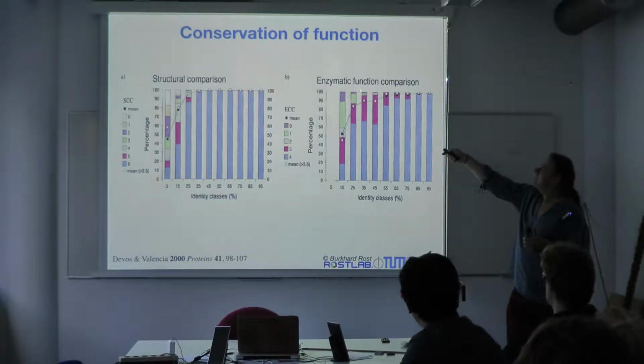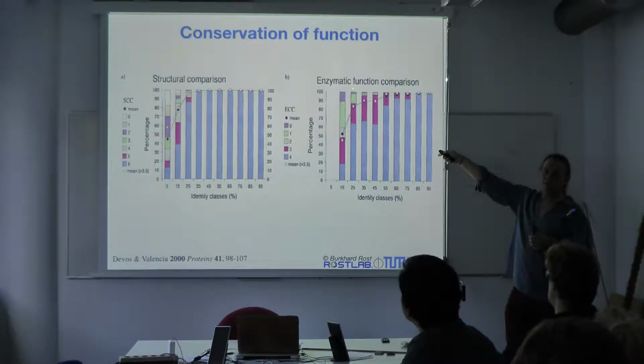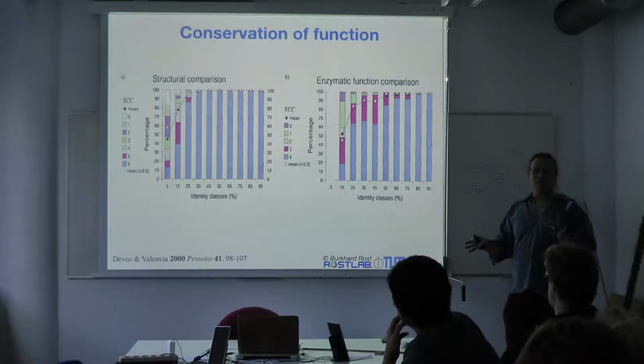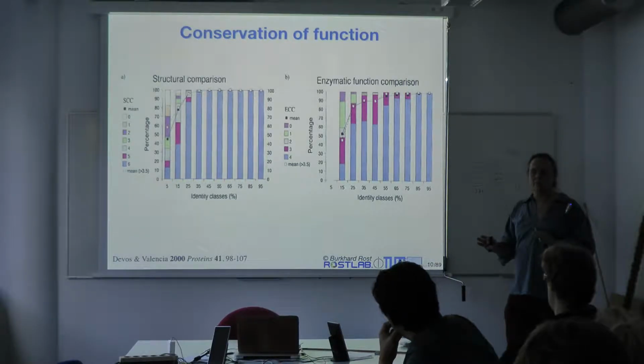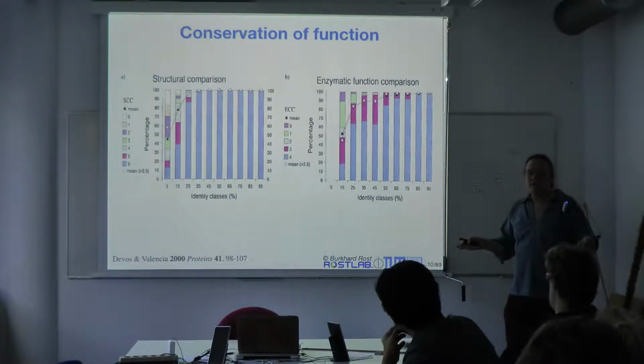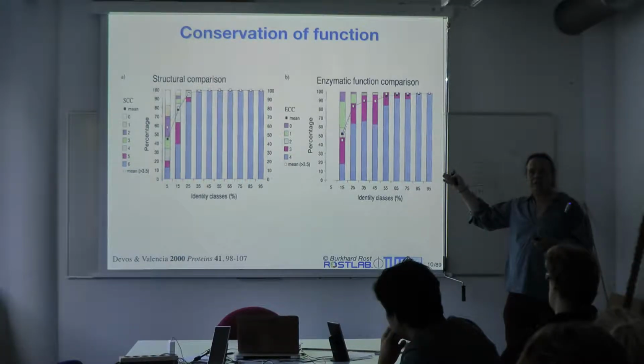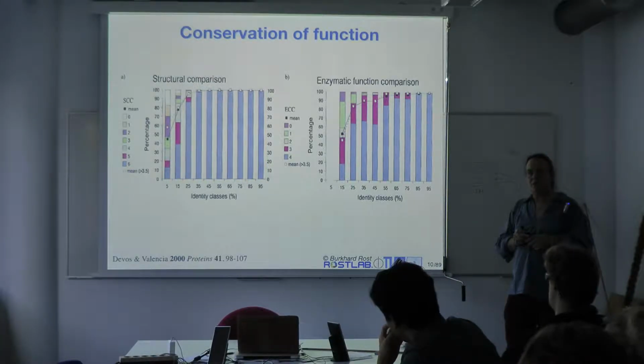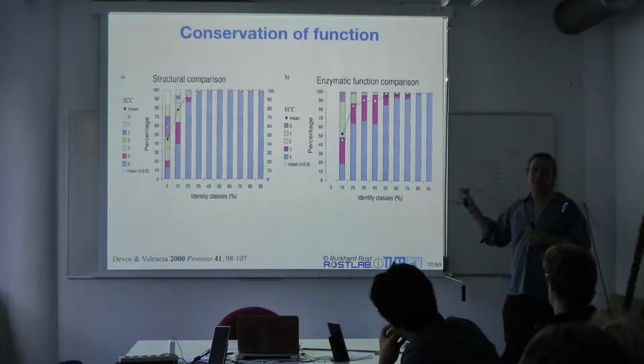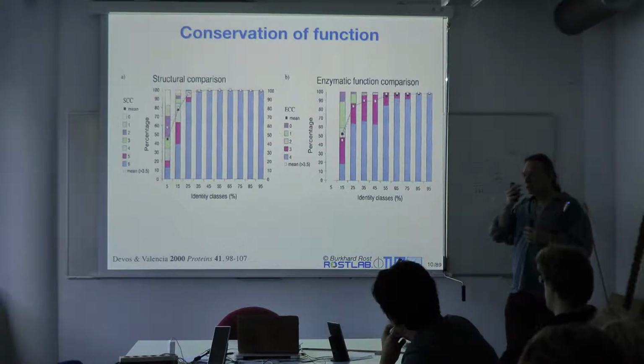So even at 35%, you have a tiny fraction that are not at all the same enzyme, right? That's a fairly high number, isn't it? It's certainly, if you remember last week's Thursday, much, much, much higher than subset localization.